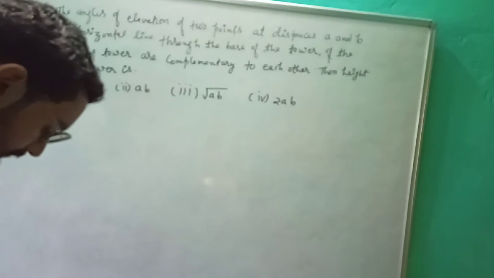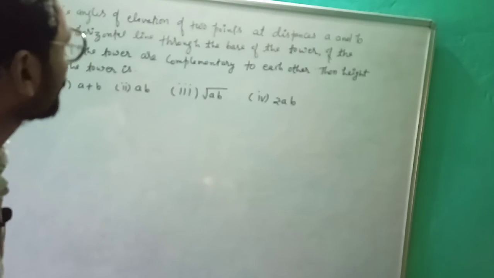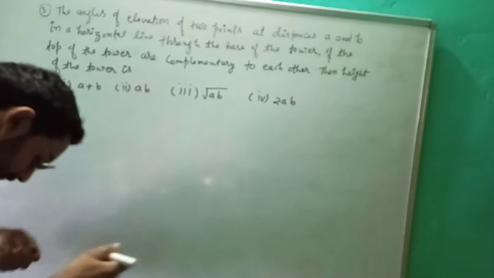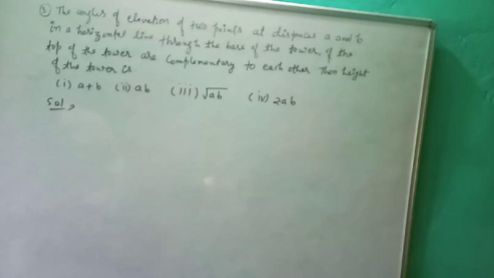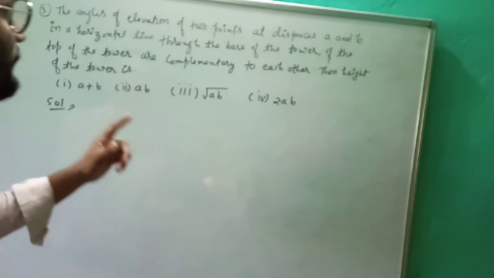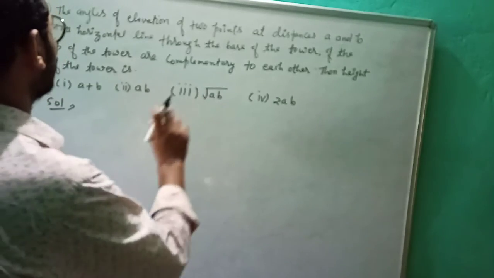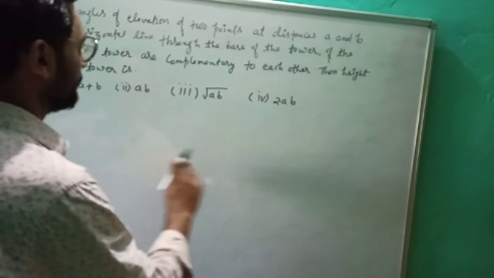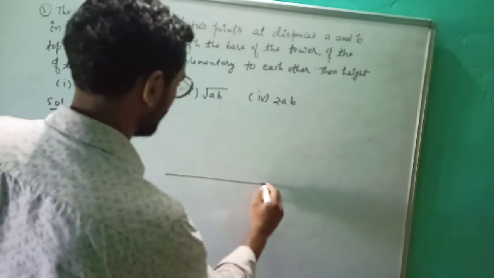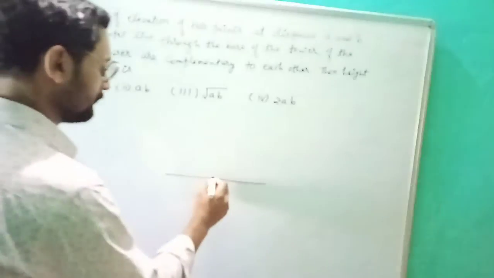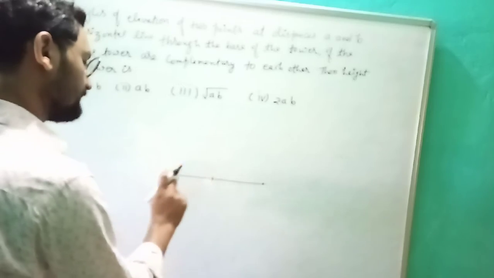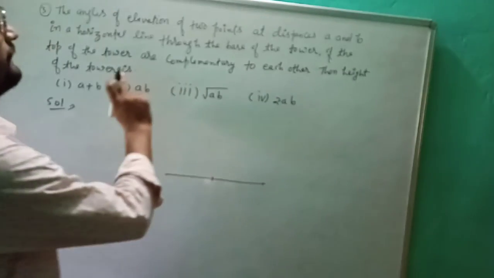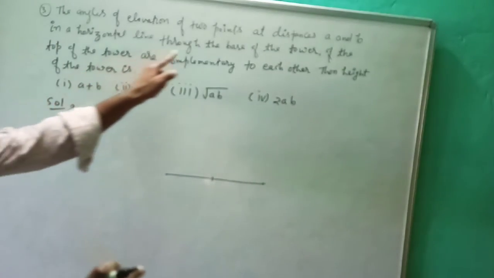So now let's draw the diagram first for this problem. The diagram is as follows. It says the angle of elevation from 2 points at distances a and b in a horizontal line. So suppose this is some horizontal line and there are 2 points, at a distance a and b through the base of the tower.